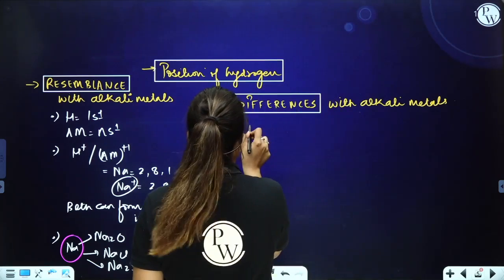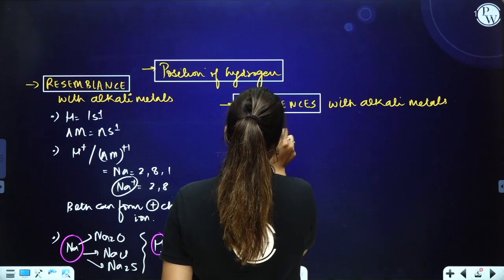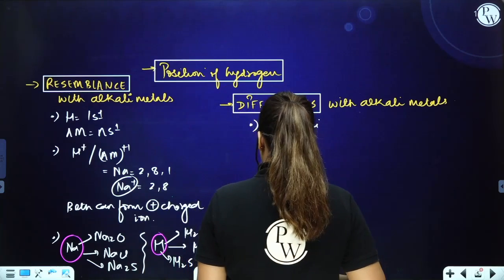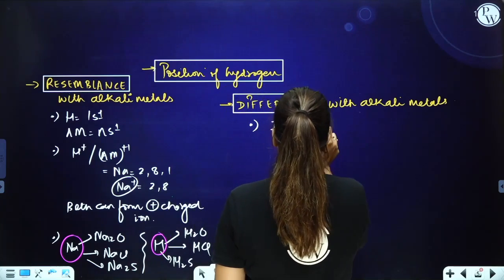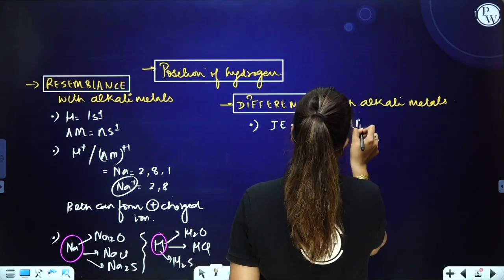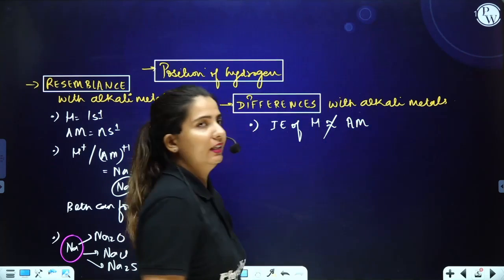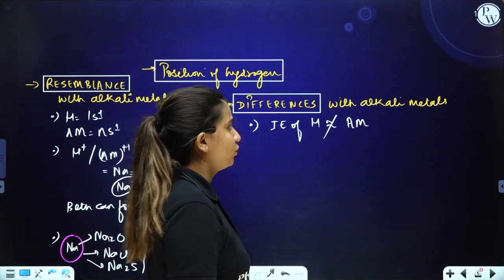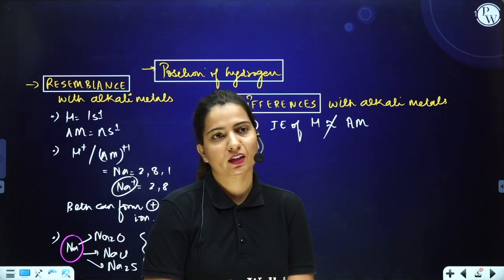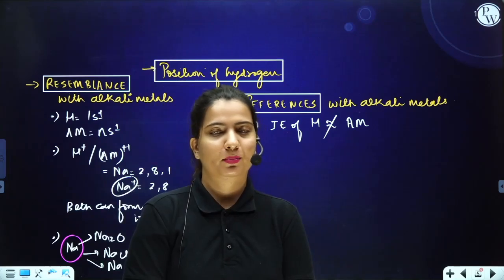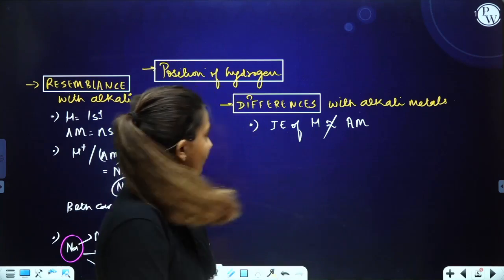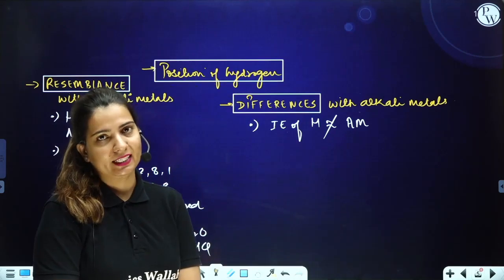The first difference over here is the ionization enthalpy. I should not simply say that the ionization enthalpy of hydrogen is equal to that of alkali metals, right? You should know that they do not have similar behavior in terms of chemical reactions, because the ionization enthalpy is very different. So this is the major difference with the alkali metals.